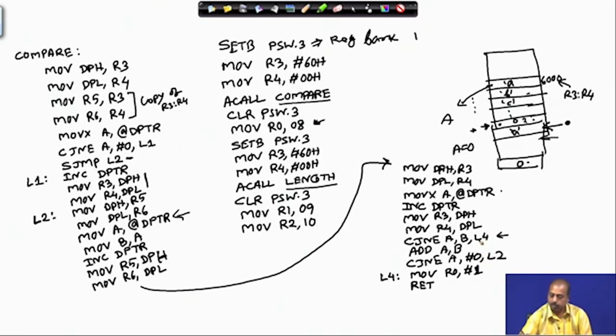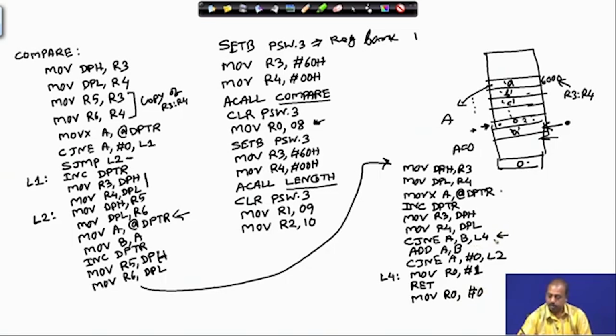Okay. So, how to do that? CJNE 0 L2. So, after this I should have something like this, move R0 comma hash 0 if the strings are not same.